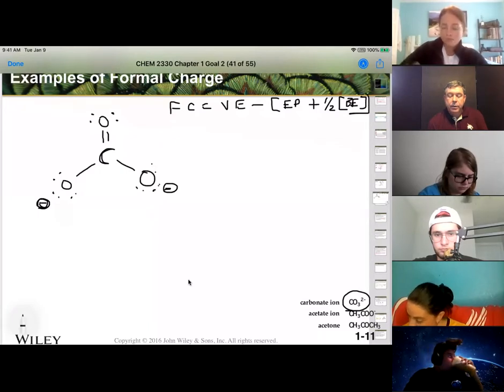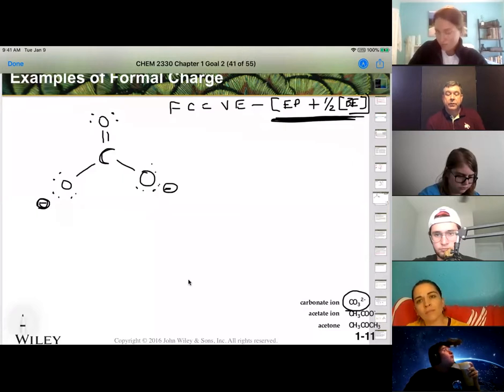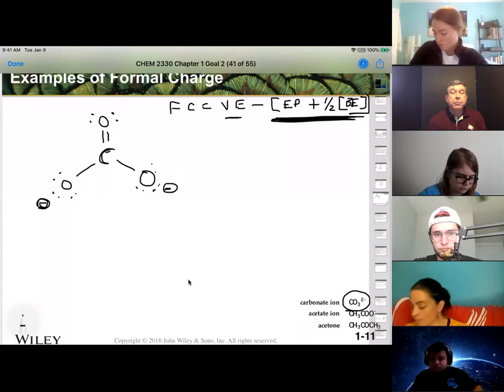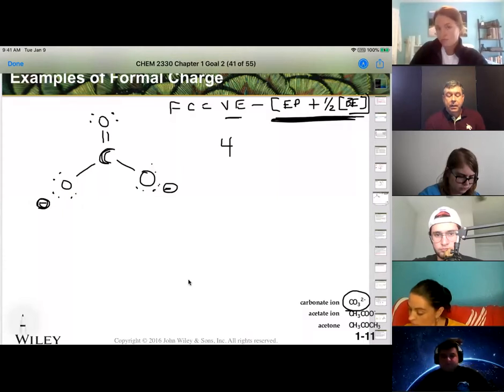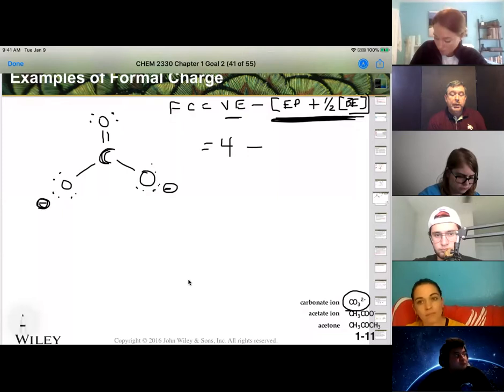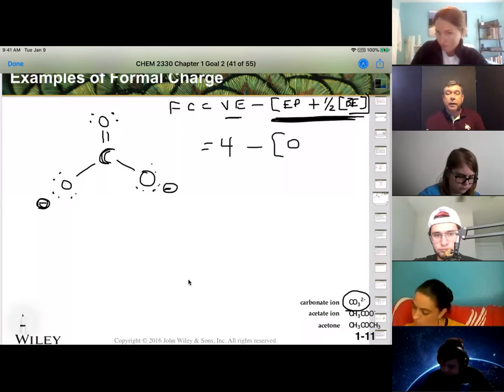Okay, so notice this whole thing is in brackets. So we want to do this operation first, and then we're going to subtract it from the valence electrons we start with. So carbon being in group 4A, we know it's going to have 4 electrons that it brings to the party. Now, if we look at carbon, there are no lone pairs on carbon here. So that means we have 0 non-bonding electrons.